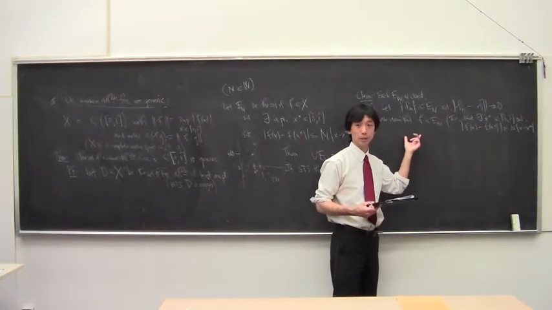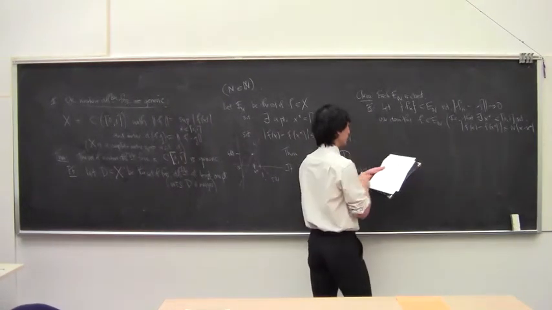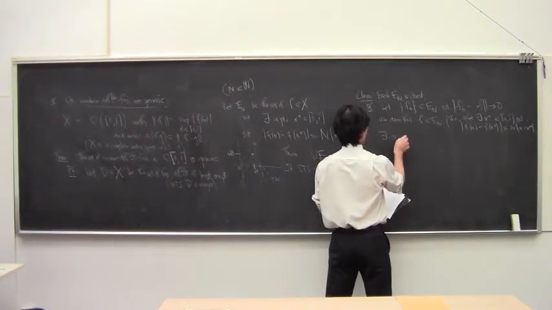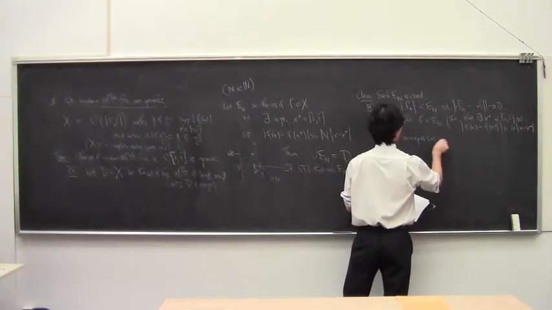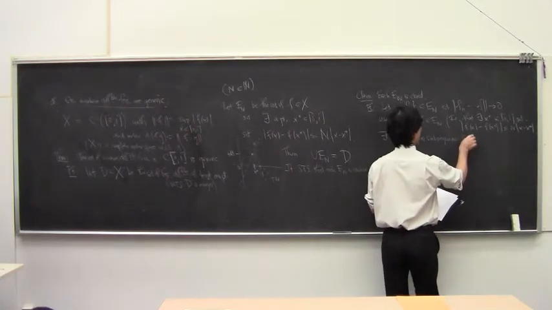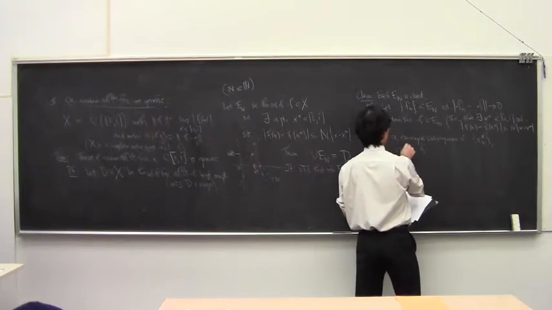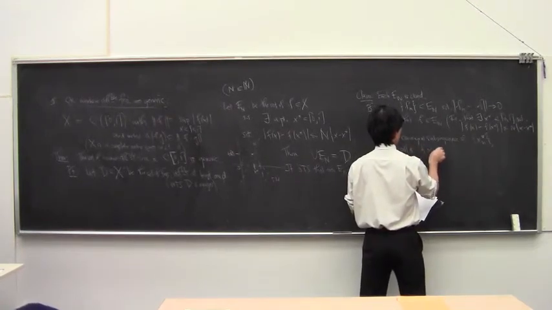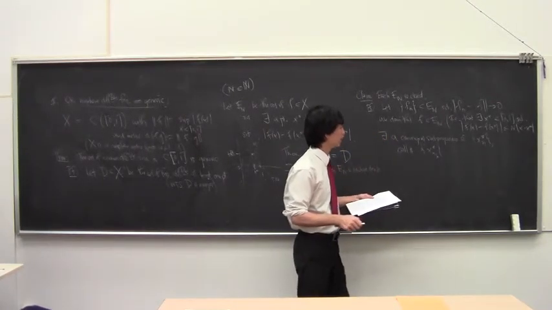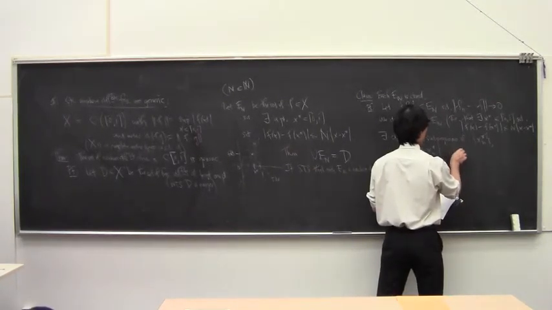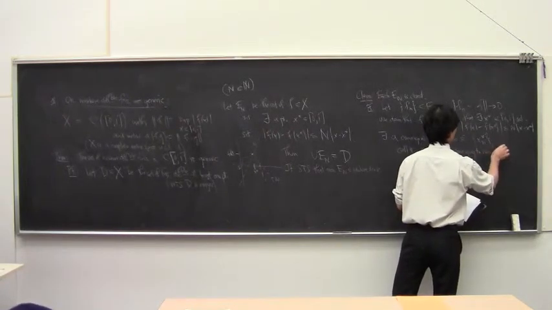And so you can choose a convergent subsequence, by Bolzano-Weierstrass. So there exists a convergent subsequence of the x_n stars, call it x_{n_k} star, converging to something that we'll call x star.